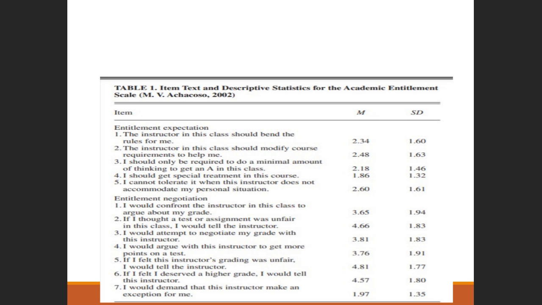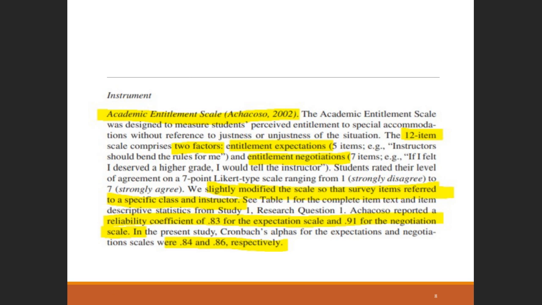Again, we need to see whether these questions are given in the same article, or whether we need to consult the original paper of Akakoso 2002. If these 12 questions are not reported in this particular paper, we need to go to the original paper.